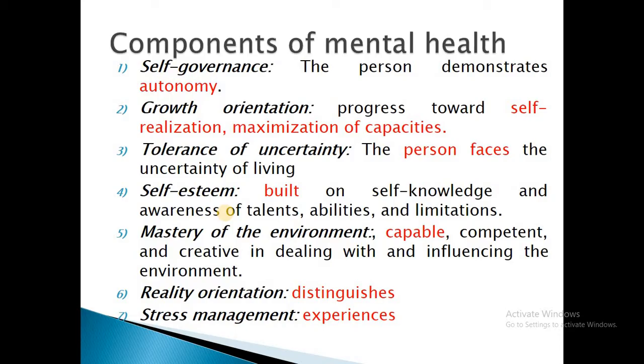But when he has growth orientation and past experience, or has the criteria of self-governance, he can deal with an uncertain situation. So it is one of the components of mental health.